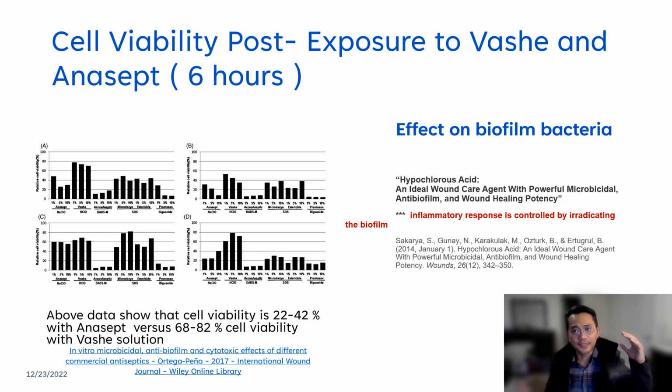It has been demonstrated in a lot of clinical studies that biofilm expresses a certain DNA that can easily be recognized by our immune system. Once recognized, our immune system keeps producing proteolytic enzymes like proteases and whatnot, which are detrimental to the production of granulation tissue because they continually degrade the extracellular matrix.